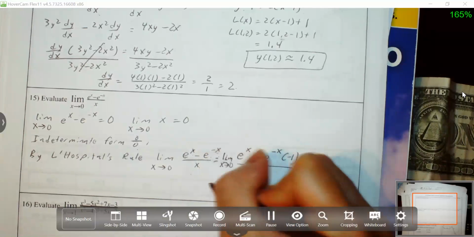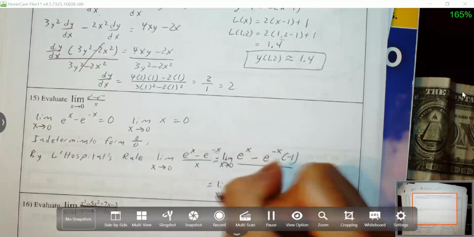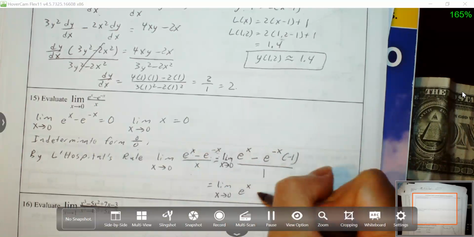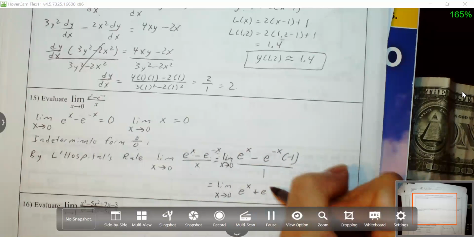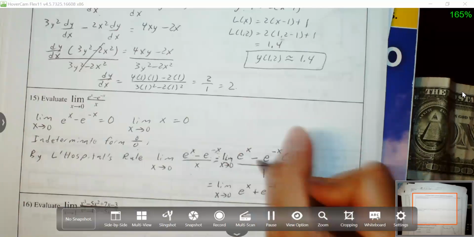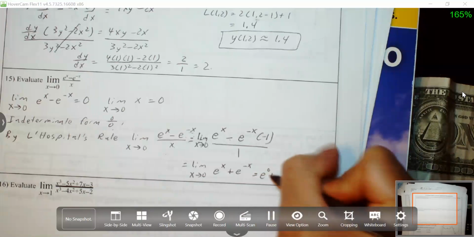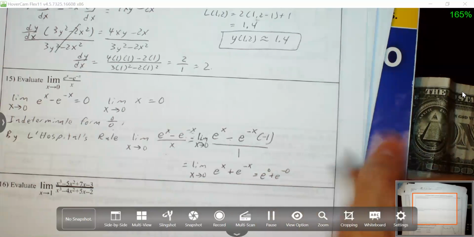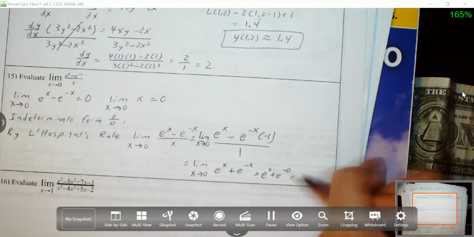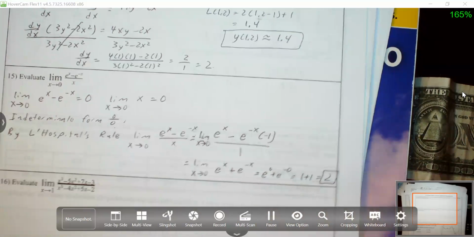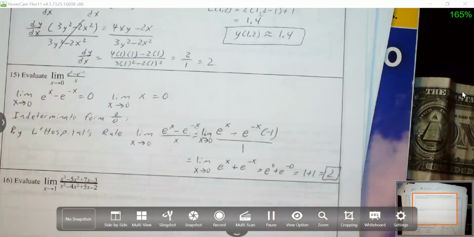So this is just equal to the limit as x approaches 0 of e to the x plus e to the negative x, right? Negative 1 times negative makes it plus now. And now if I plug in 0, I get e to the 0 plus e to the negative 0, which is just 1 plus 1. And so our limit here is 2.